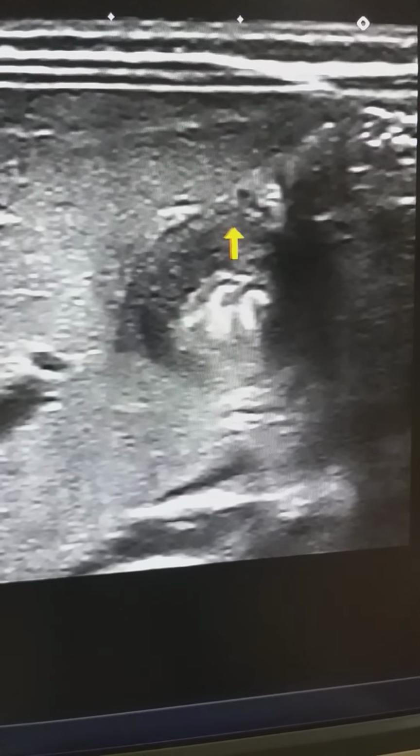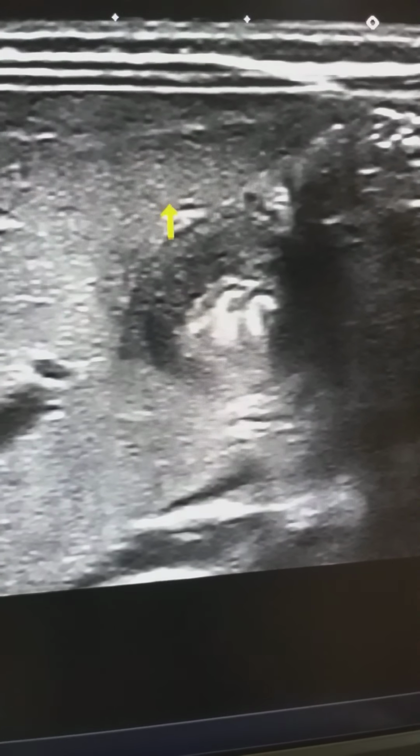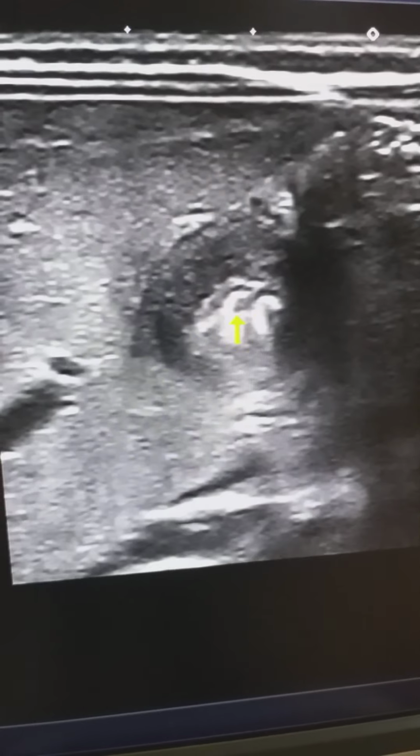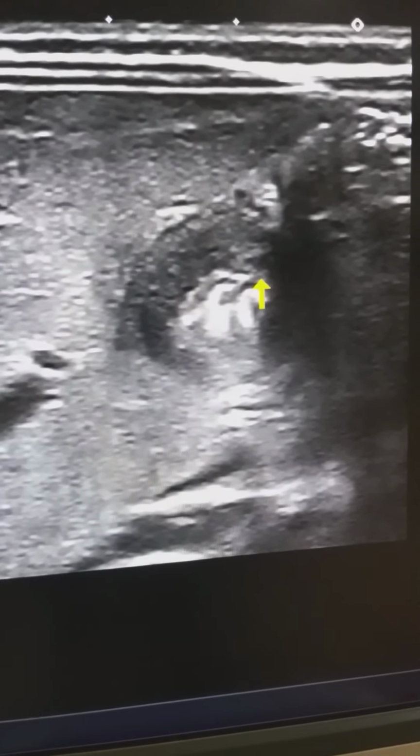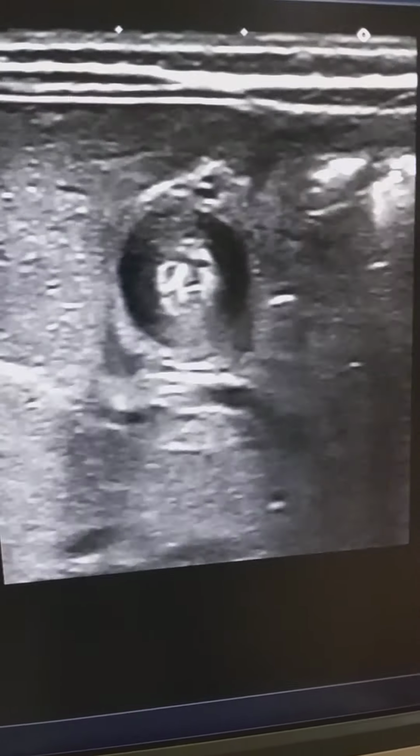So this is the target appearing mass, and close to the gallbladder this mass is lying. So what is this? Here you can see that this is the mass giving target appearance.